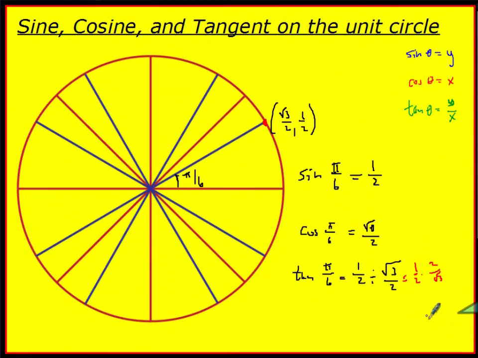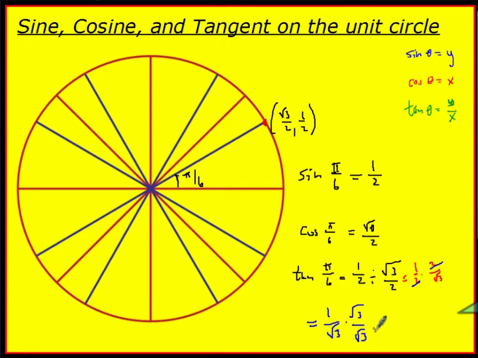I've cleaned that up a little bit to have enough room to finish. We just multiplied by the reciprocal, so the 2's cancel out. We have 1 over the square root of 3. And we have to rationalize, keeping in mind that we don't usually leave radicals in the denominator.